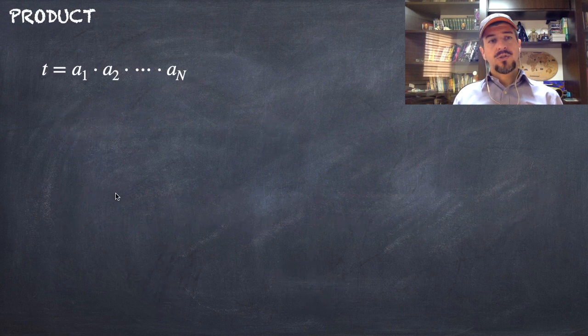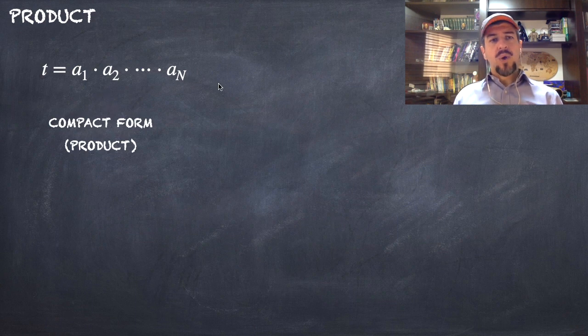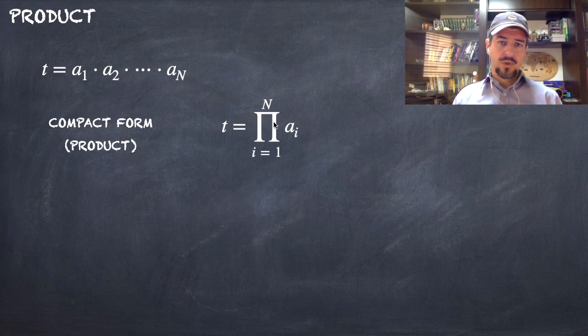Now let's talk about product, just for completeness. Consider a sequence of a1 multiplying a2 multiplying a3 and so on up to an, and this is equal to T. We can write this expression in a more compact form using this product symbol, the capital Pi letter, of the terms ai with i from 1 to n.